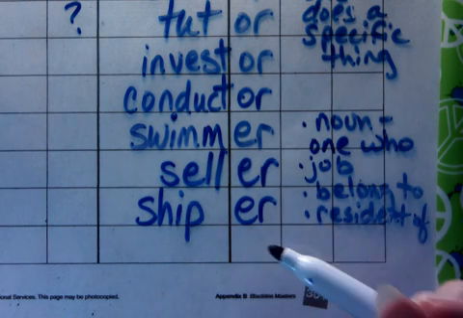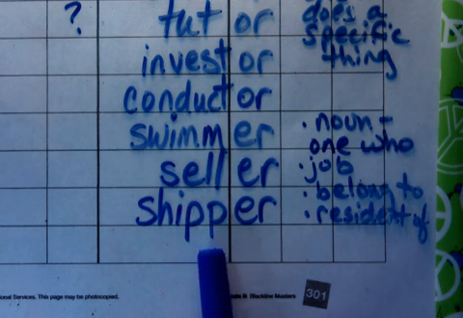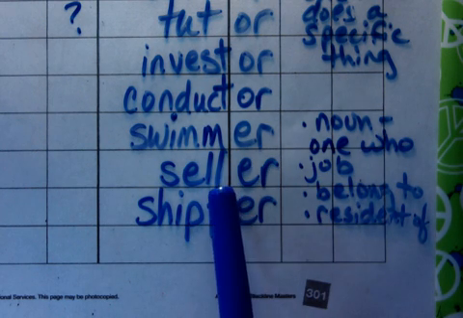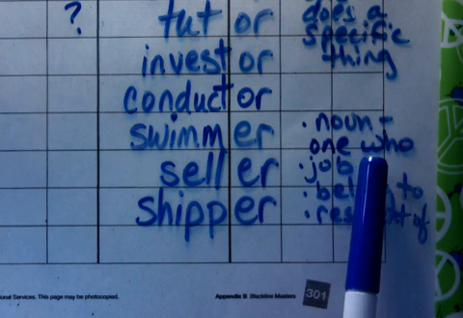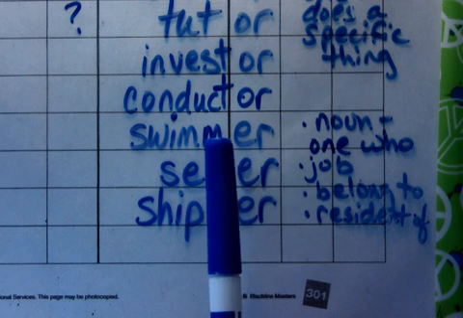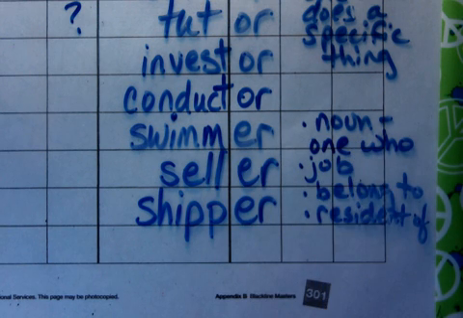Because all of those things are true, we double the P before adding the suffix ER. Shipper is a person who does a particular job of shipping. A seller is a person who does a particular job of selling. And a swimmer is one who does a particular job of swimming.